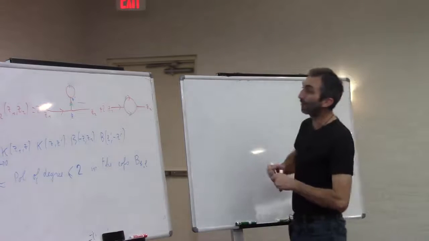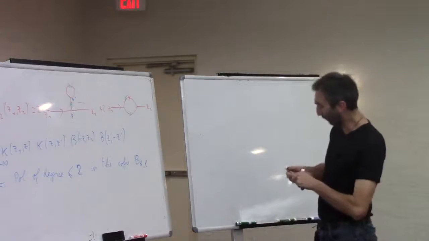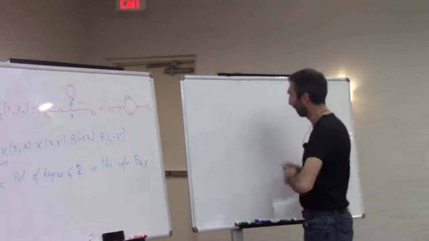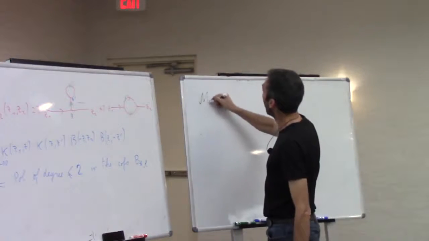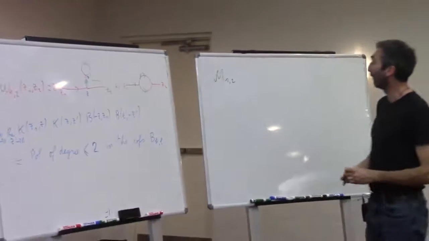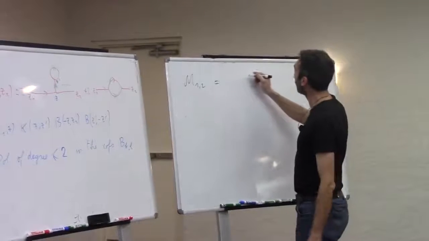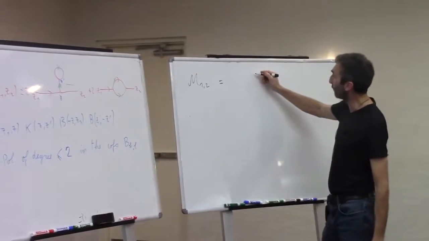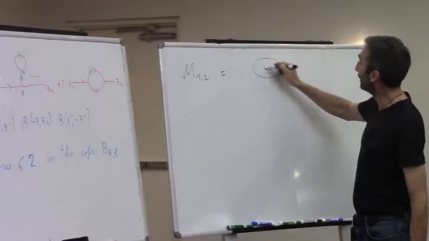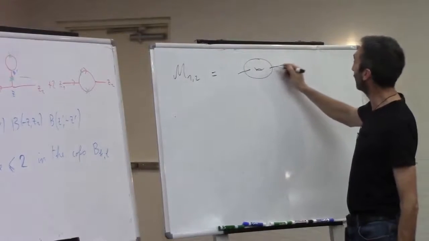So let's take, for instance, M12. It's the space of all Riemann surfaces of genus 1 with 2 marked points.